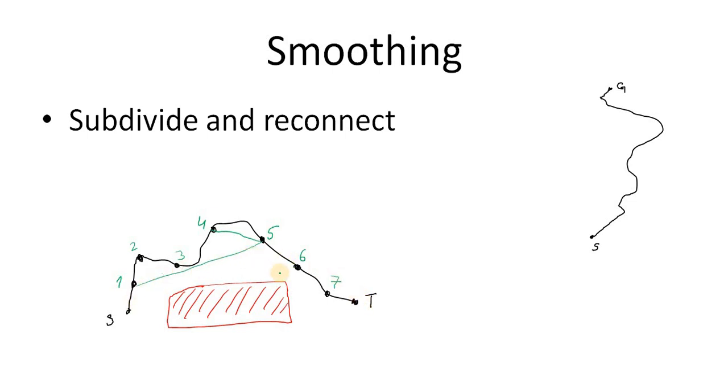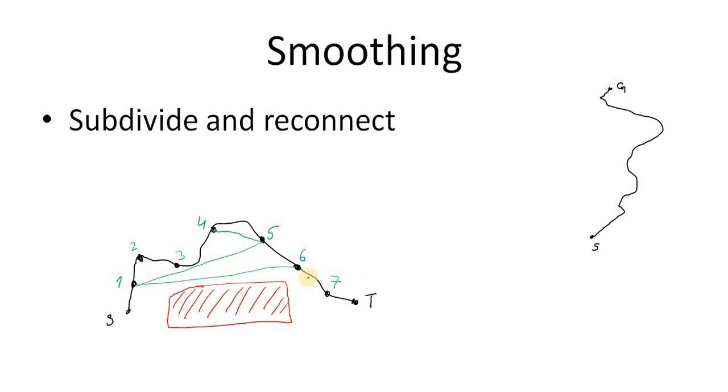Now in this new path, take any 2 points again and then try to connect them. Let's say we have taken the points 1 to 6, and we see that there is no obstacle, no collision, and then we just simply connect it here. So now your path is from S to 1, 1 to 6, 6 to 7, and then finally to your goal location.